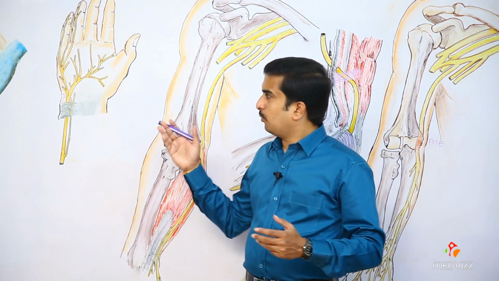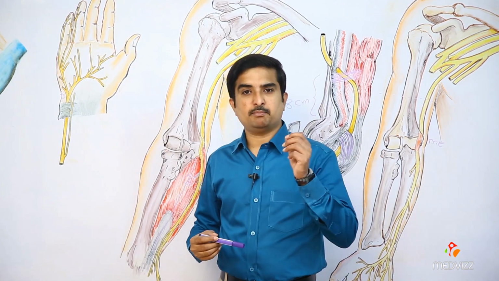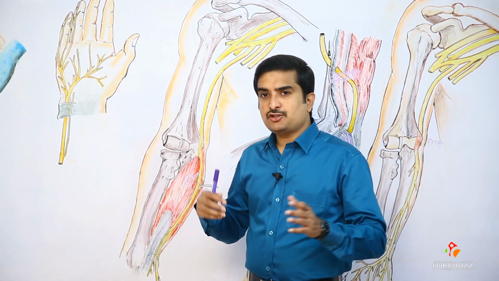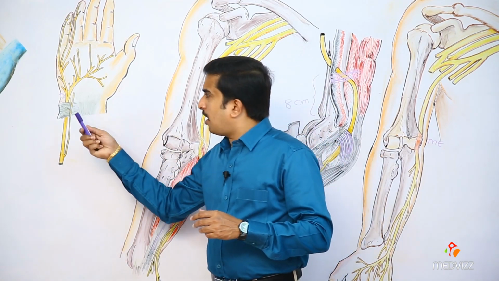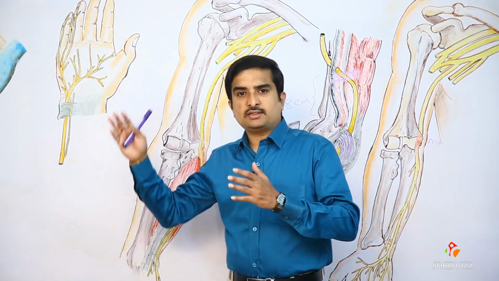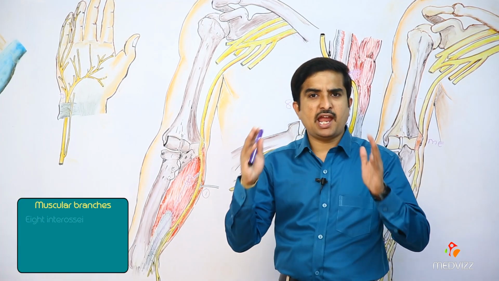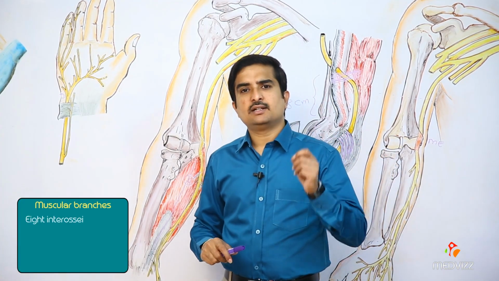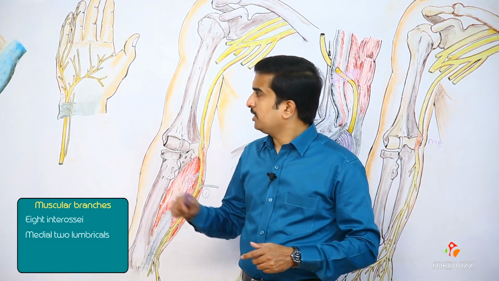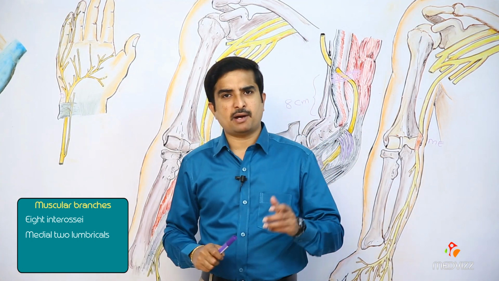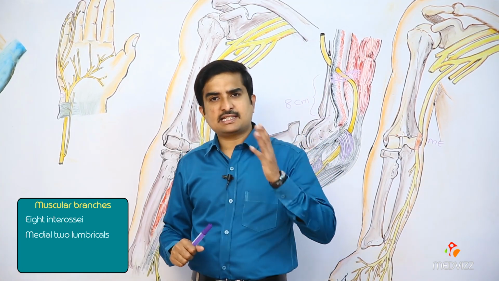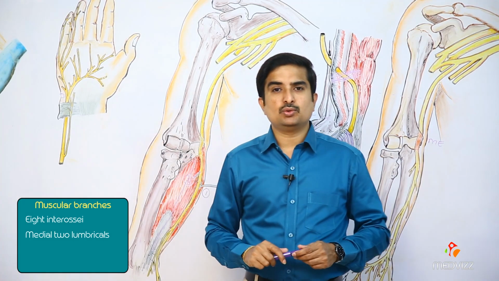Let us see what muscular branches the deep branch supplies. As you can see in this picture, it arches laterally across the palm to supply all 8 interossei as well as the medial 2 lumbricals. It supplies all the dorsal as well as palmar interossei, and the medial 2 lumbricals.